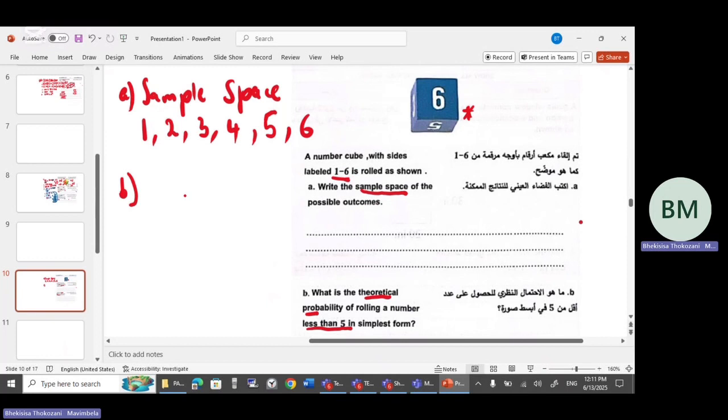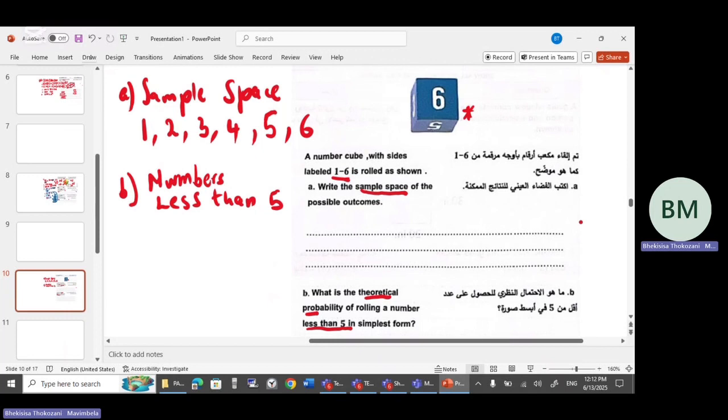We need to identify how many numbers are less than 5 or smaller than 5. So let us list those numbers. So we're looking for numbers which are less than 5, or smaller than 5. And which numbers are those?